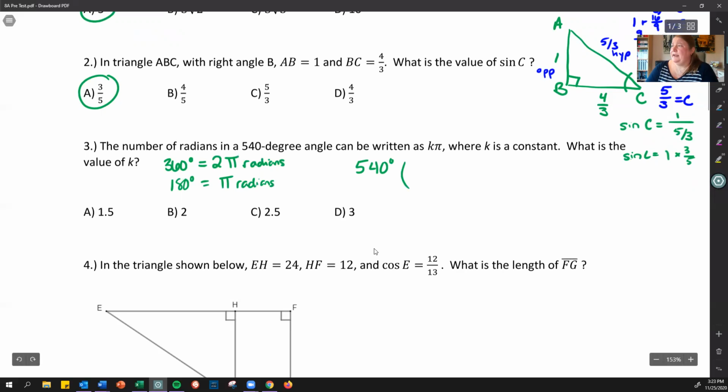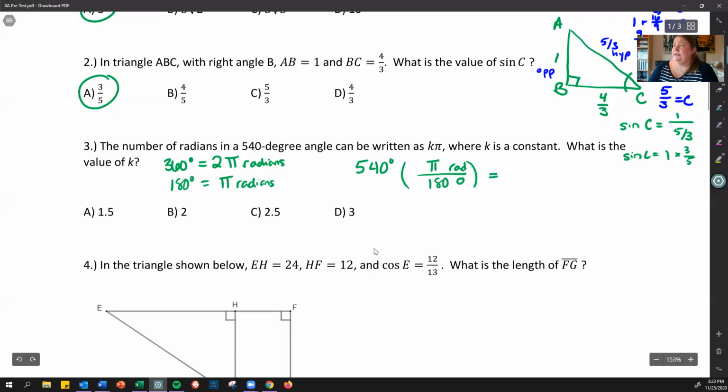So we're going to multiply it by a fraction. The units that we want to get rid of, degrees, go in the denominator. The units that we want in our answer go in the numerator. And I want to make sure the numerator and denominator are equal to each other. So we see here that 180 degrees is equal to pi radians.